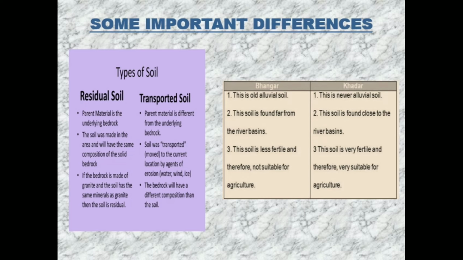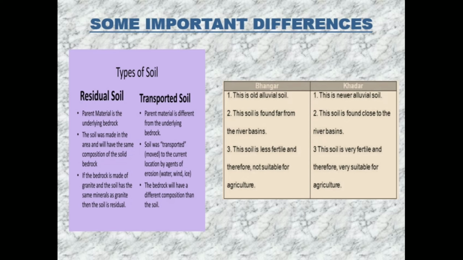Soil was transported to the current location by agents of erosion in transported soil. If the bedrock is made up of granite and the soil has the same minerals as granite, then the soil is residual. The bedrock will have a different composition than the soil in transported soil.